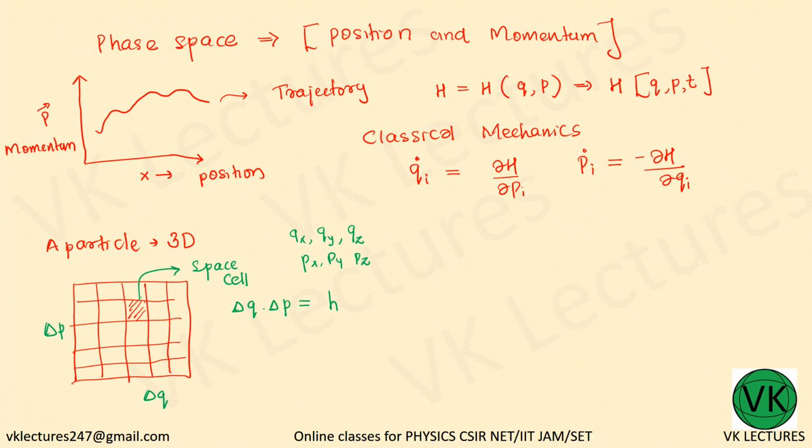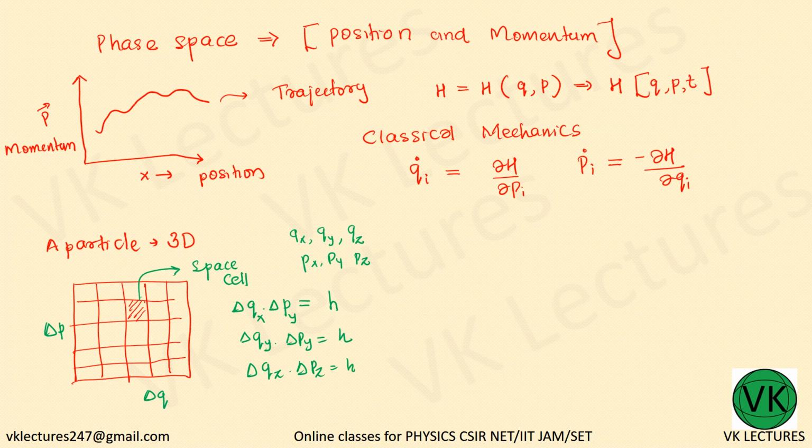Similarly, we have delta qx into delta px, and similarly delta qy into delta py, we will get again h. This is x and this is y. Similarly, delta qz into delta pz is again h.